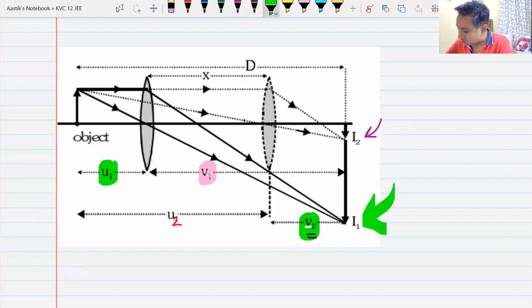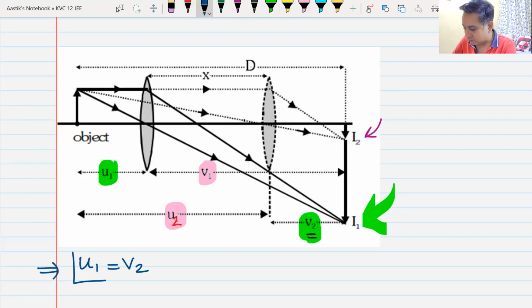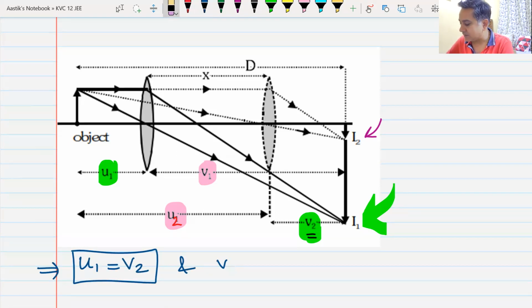This U1 is actually equal to your V2, and this V1 is actually equal to your U2. So if you remember this, you can solve some very nice questions based on this.